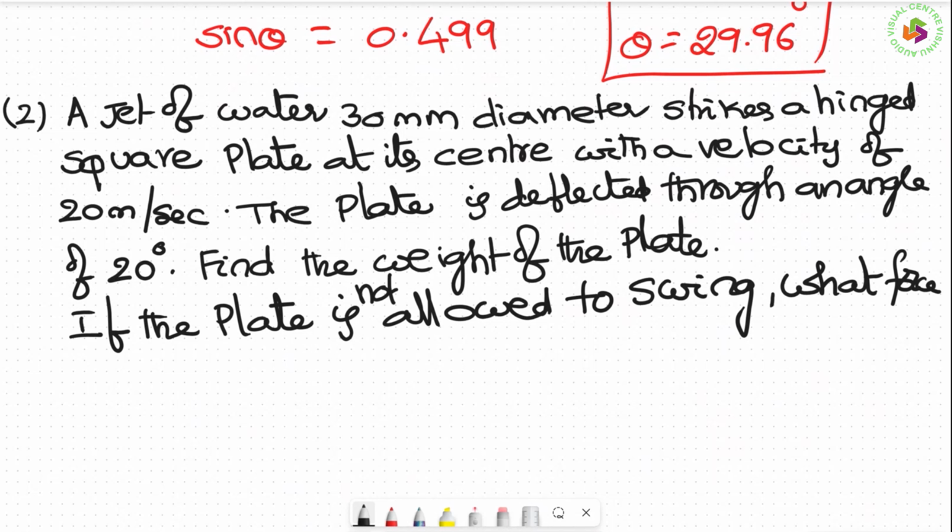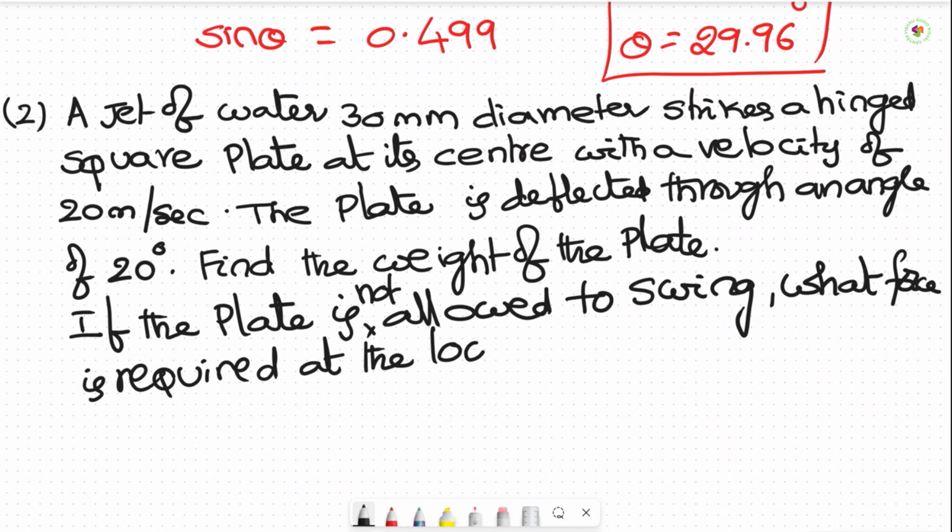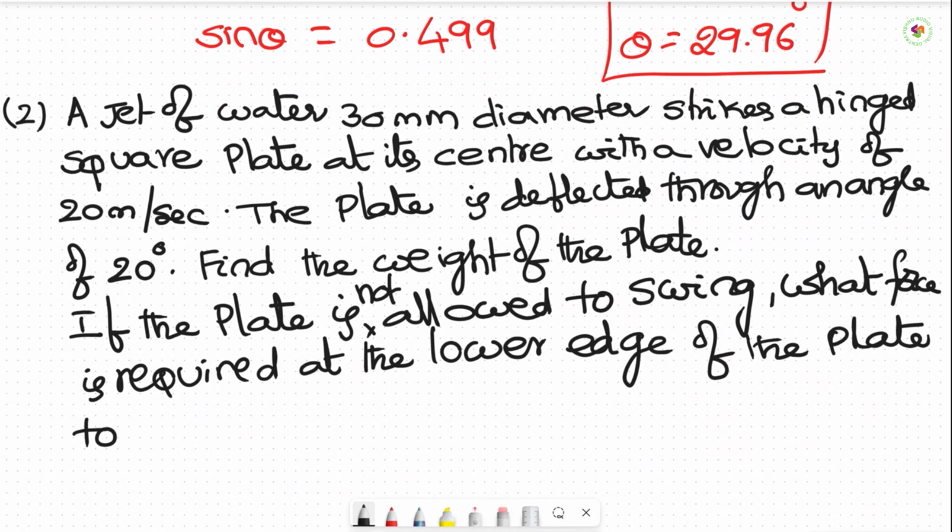If it is not allowed to swing, what force is required at the lower edge of the plate to keep it in vertical position?